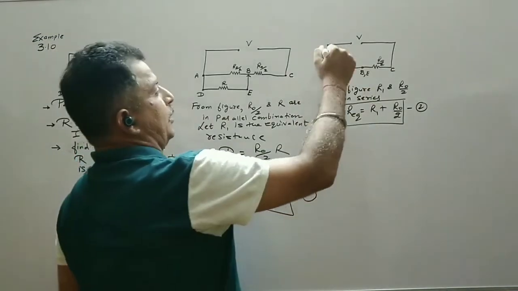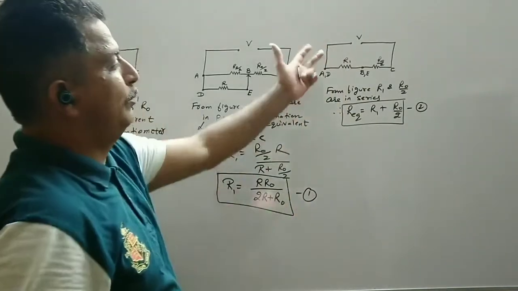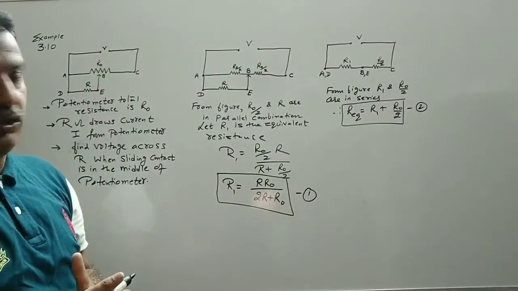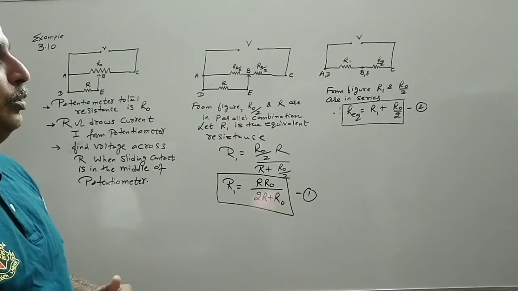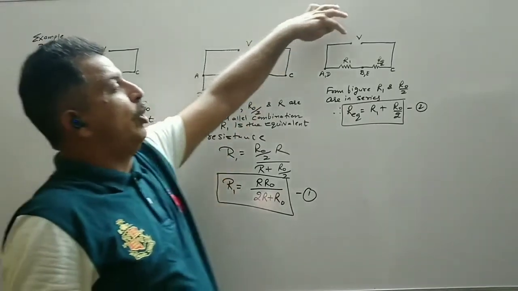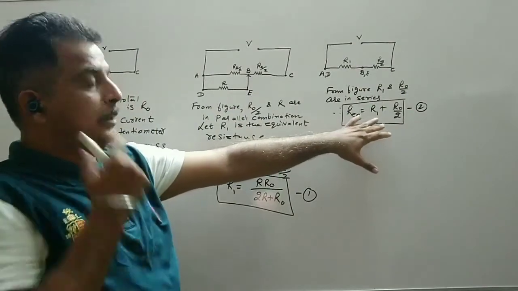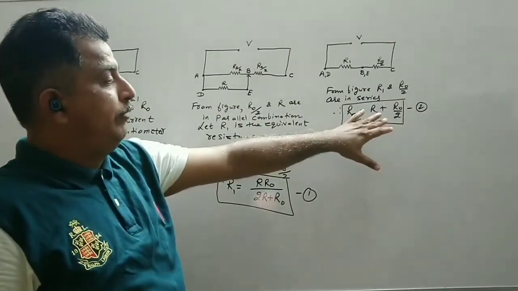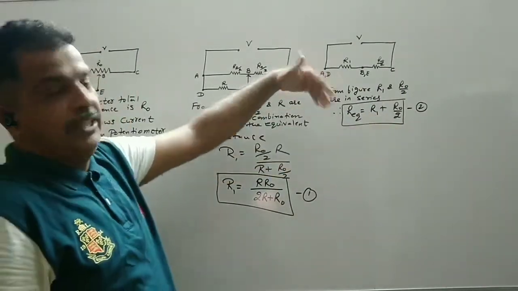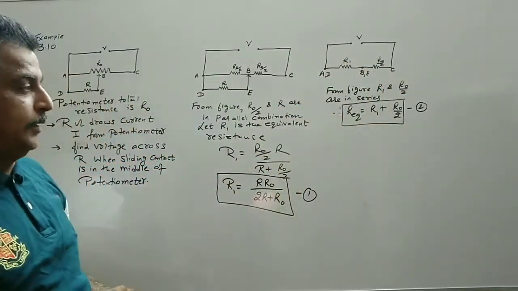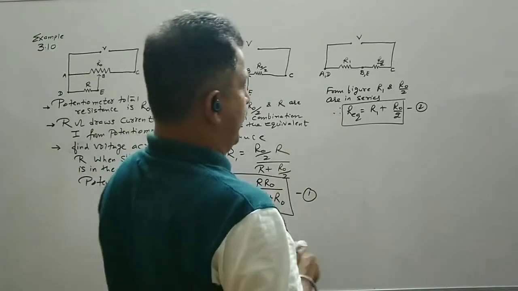Now let the current drawn from the circuit be I. So I is equal to the total EMF or total voltage divided by the total resistance, V is equal to IR. So I will be equal to V upon R. So this is R equivalent.